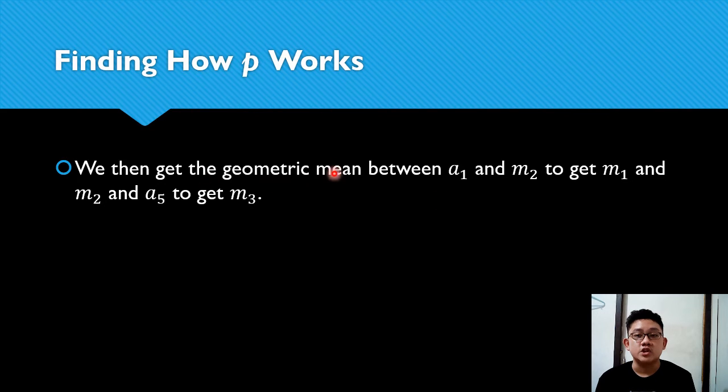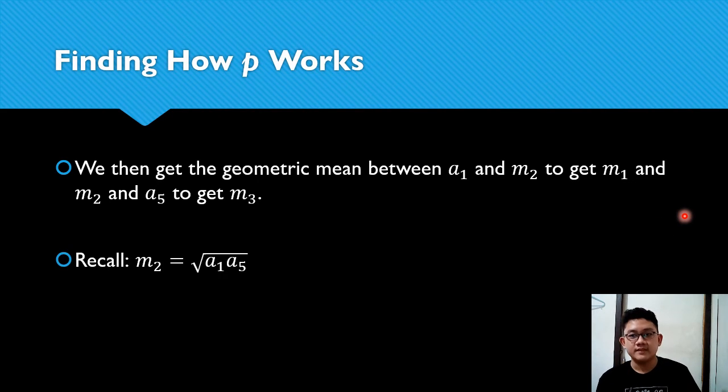We then get the geometric mean between a sub 1 and m sub 2. Again, similar logic as earlier. Recall m sub 2 is equal to square root of a sub 1 times a sub 5.